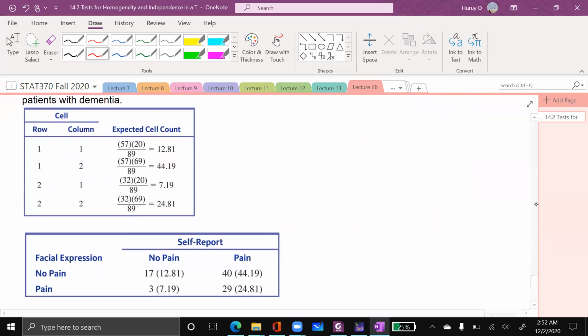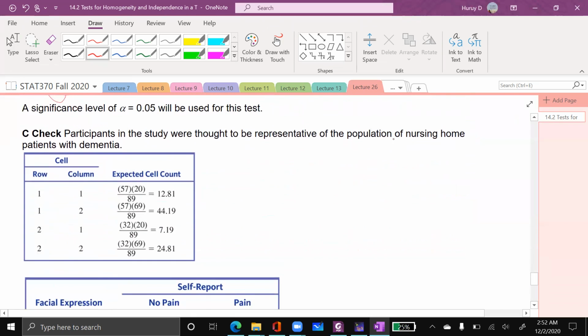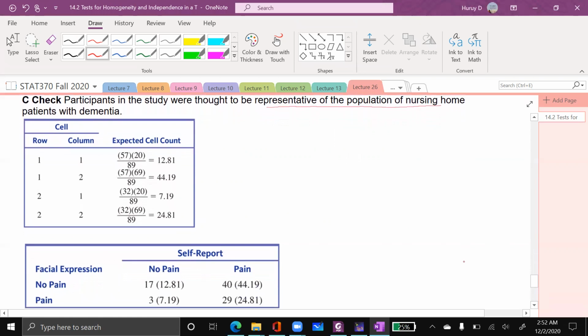To check the conditions, the participants are thought to be representative of the population of nursing home patients with dementia. And the expected counts, we have them here using the formula. We calculate all the expected counts, and all of them are greater than 5.